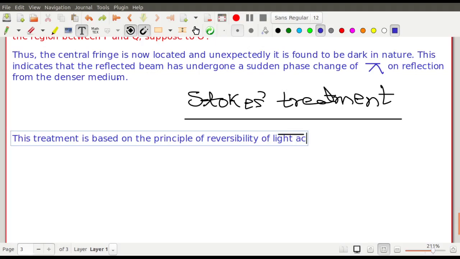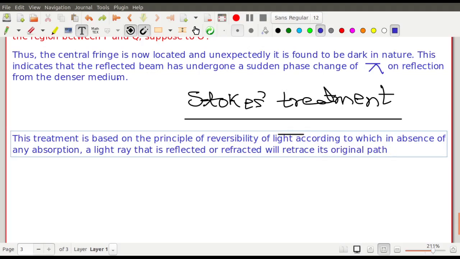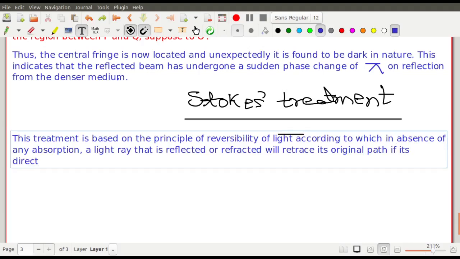of light, according to which in absence of any absorption, that is nothing is absorbed by the medium, a light ray that is reflected or refracted will retrace its original path if its direction is reversed.